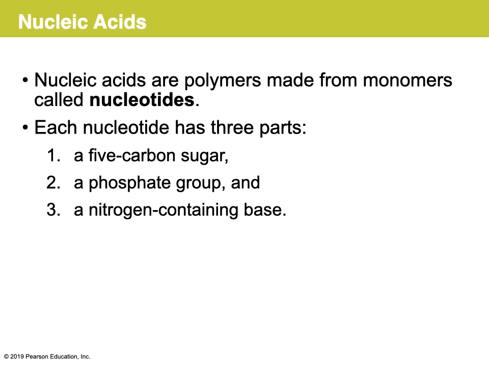You had amino acids and polypeptides. Now we have nucleotides and nucleic acids. Each nucleotide has 3 parts. So just like we had the amino acids where 3 of the 4 parts were the same and the only part that differed was the side group, here we have a 5-carbon sugar and a phosphate group that will be the same. What's going to vary will be the nitrogen-containing base.